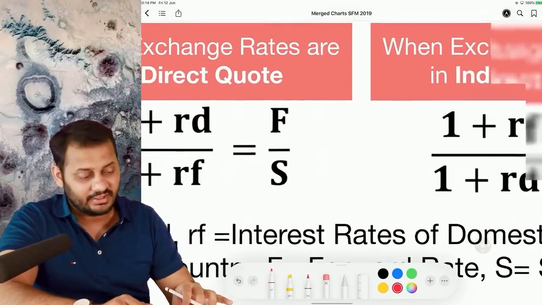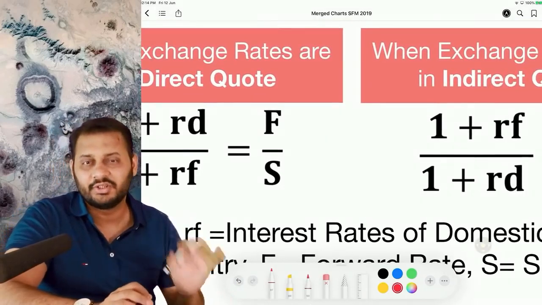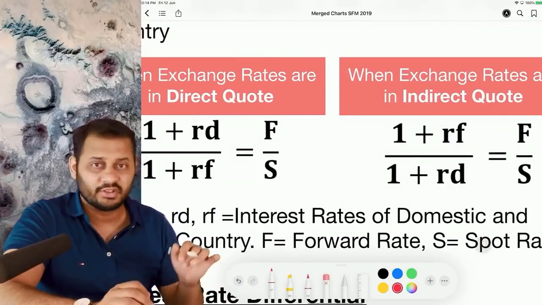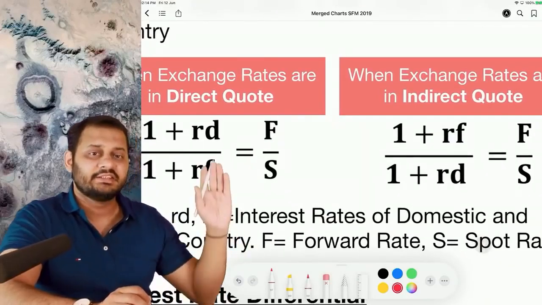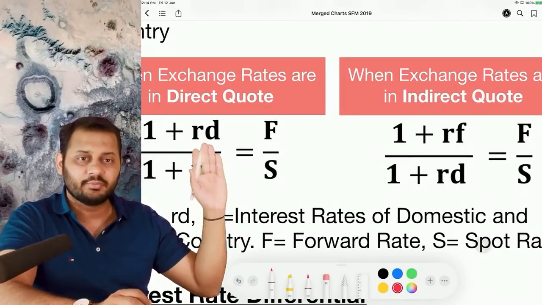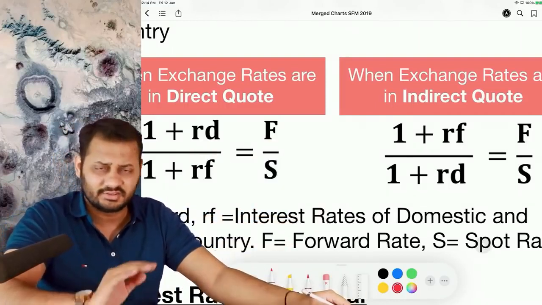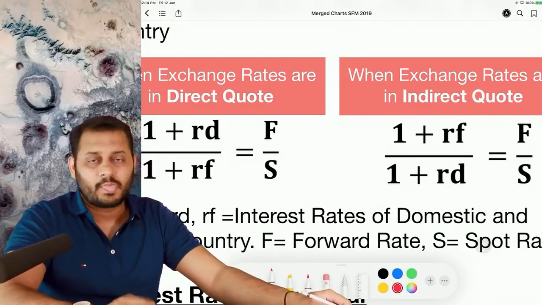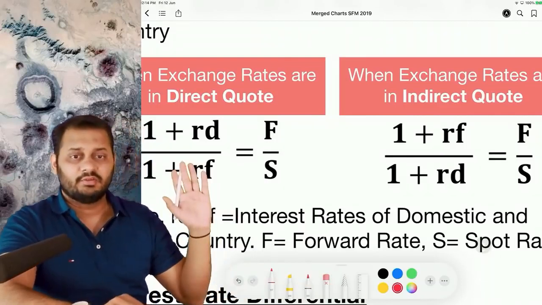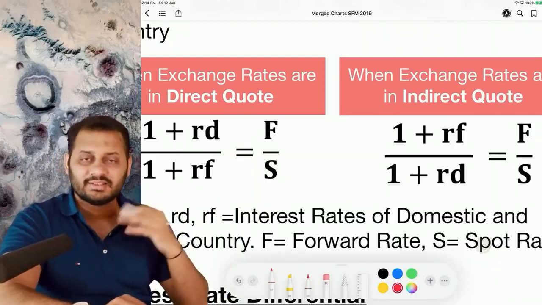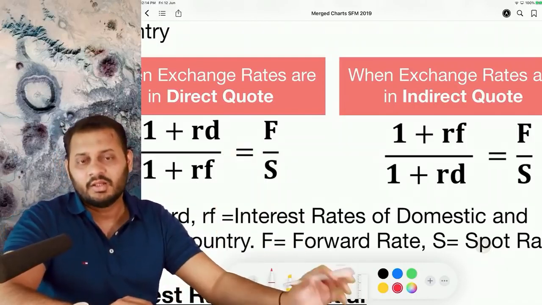But if it is indirect, there are certain changes that you need to make to the formula, just to make sure to avoid mistakes. When the quotation is indirect, instead of putting RD in the numerator, put RF in the numerator and RD in the denominator. That's it. Just change the formula. Or else you can keep this side the same and put S in the numerator, F in the denominator. The answer will be correct. Now what is this formula?